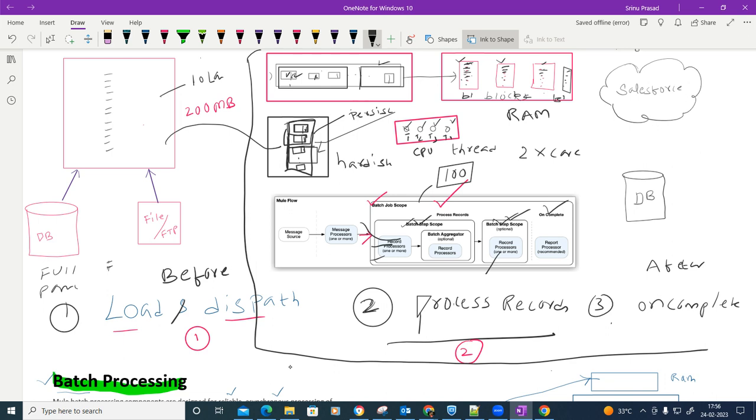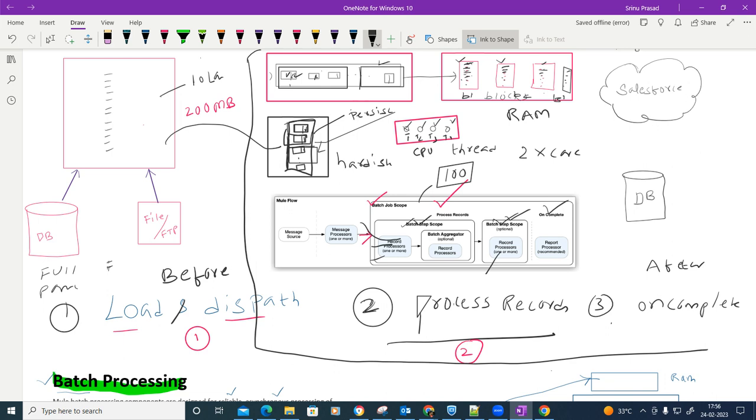It directly moves this record to step two. The metadata component tells the status of the record, how many steps it completed. Based on that, your threads move those blocks to the corresponding steps. So that I can achieve reliability when the system crashes.